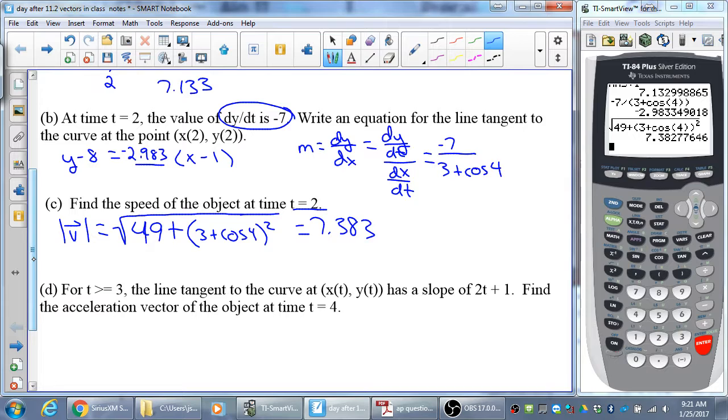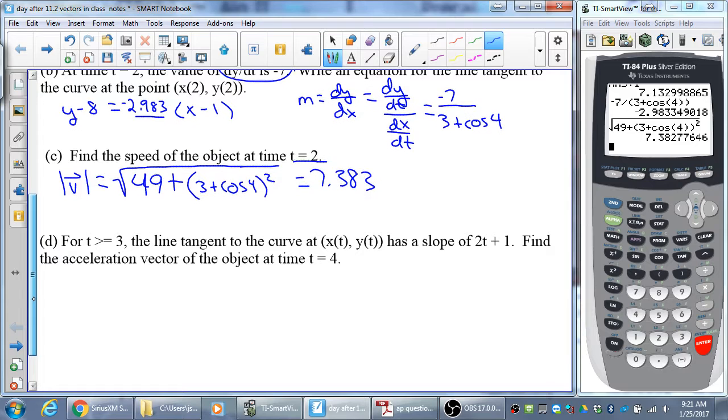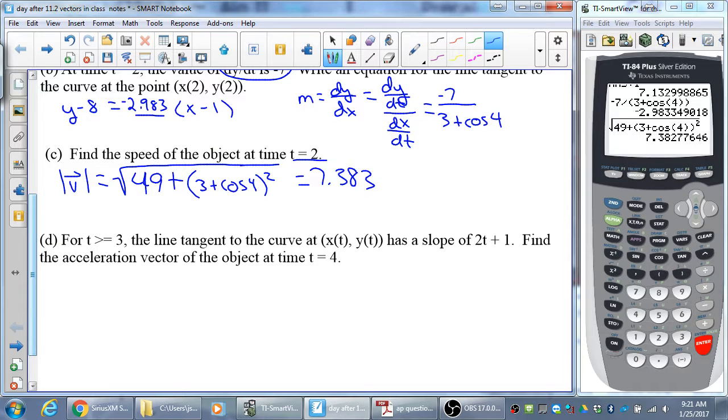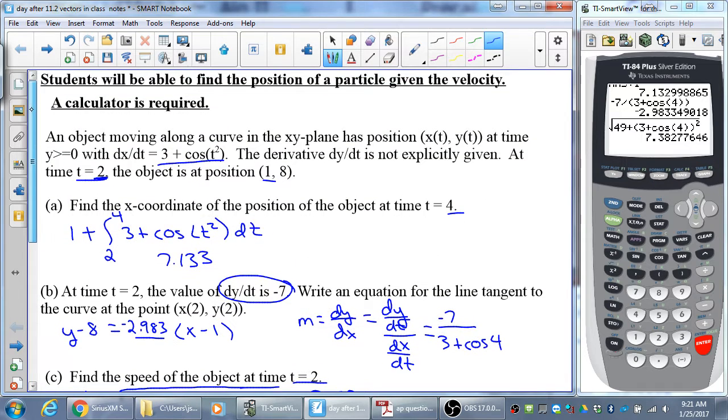For t greater than or equal to 3, the line tangent to the curve at (x(t), y(t)) has a slope of 2t plus 1. Find the acceleration vector of the object at time t equals 4. I need the acceleration vector when t equals 4. Well, that's the derivative of the derivative, acceleration.